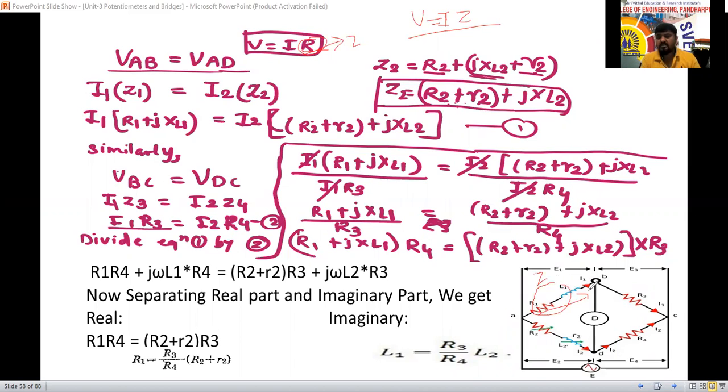Now we can write I1 Z1, that is VAB. Next, VAD, which current is flowing here now? I2 is flowing here. I2 into Z2. So Z1 equals what we have to write? Z1 equals R1 plus JXL1. Just a minute.